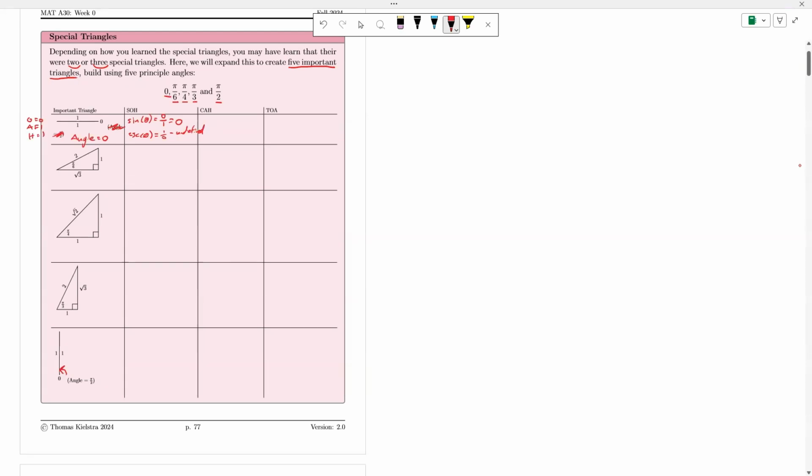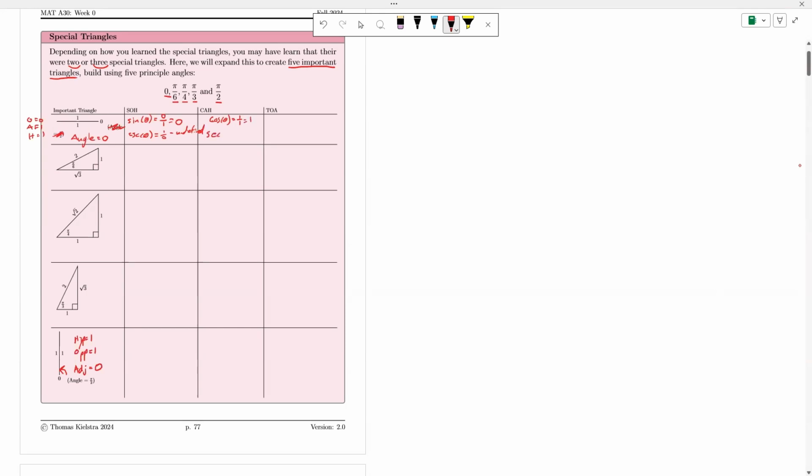And we're going to jump down here and talk about our vertical line. Here, the hypotenuse equals 1, and our opposite side equals 1 as well, whereas our adjacent side is equal to 0. So now, let's look at cos. Cos of theta equals 0 over 1, which equals 0.